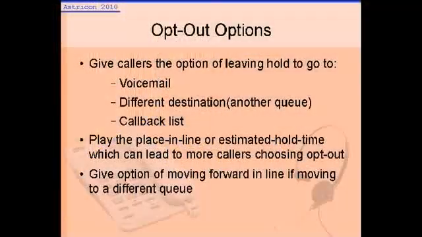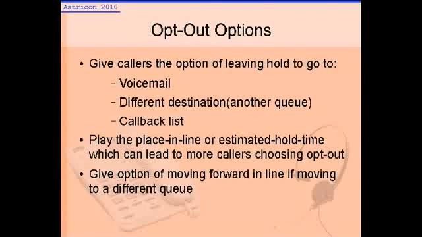Opt-out options. These are always a favorite because they get people out of the queue. Voicemail means that you can basically send the caller to leave a message and then you can deal with them later. Sending the call to a different destination might be a way of sending a support call to a sales queue or sending a sales call into a different sales queue.